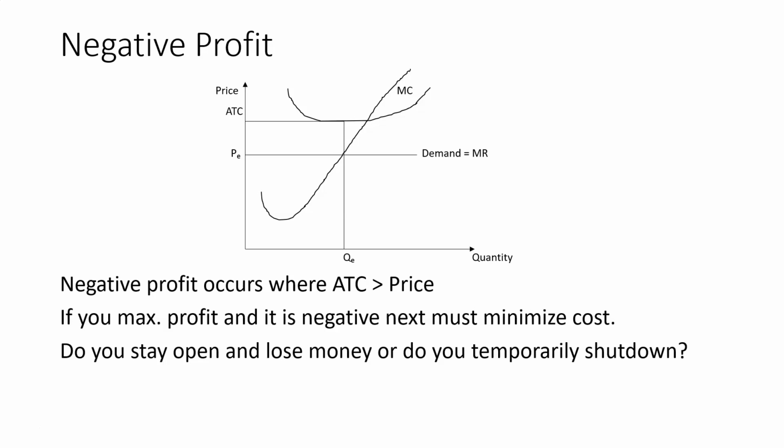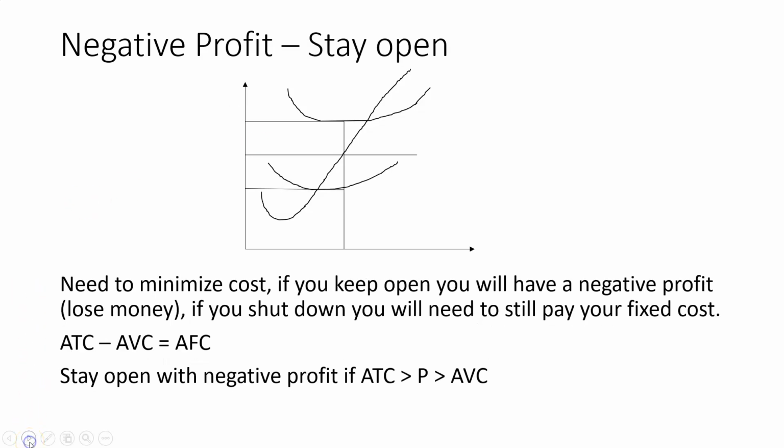This is a short run analysis because we either have a positive profit or a negative profit. And remember, in the long run, we can't have either one in perfect competition. So when we're working in the short run, we also need to take into account our fixed costs. So let's see what happens when we do that.